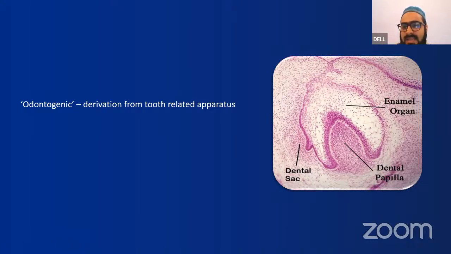The enamel organ begins with the invagination of the dental lamina from the oral epithelium, and soon after the enamel organ forms, this dental lamina disintegrates, but sometimes islands of dental lamina persist, and they can contribute to the formation of odontogenic cysts and tumors.